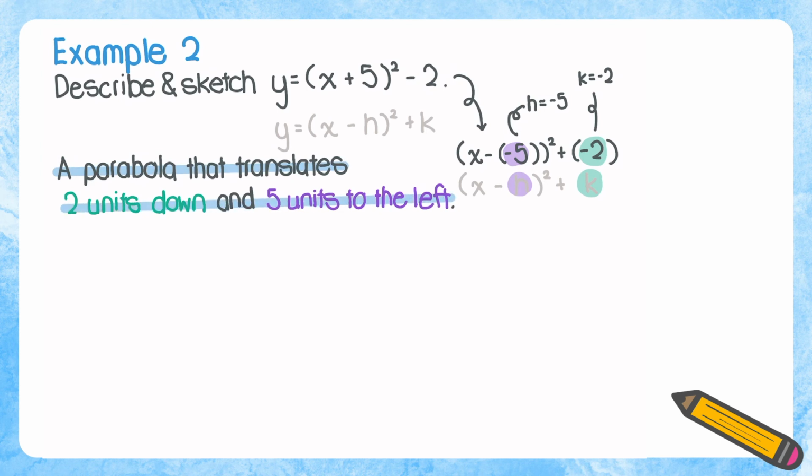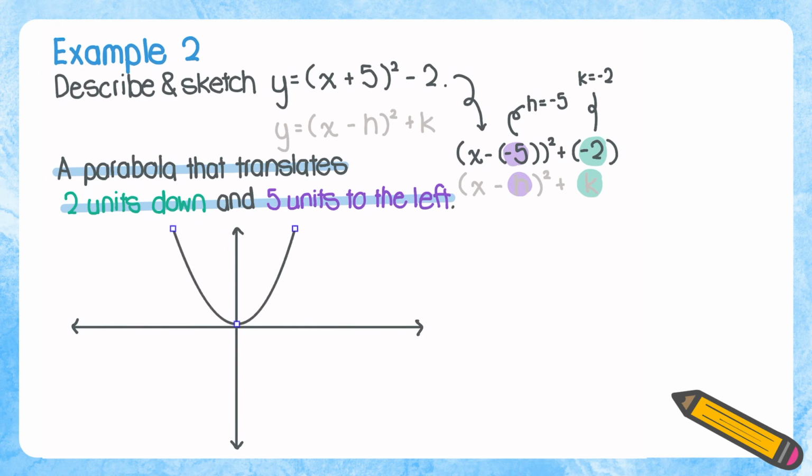So what would this sketch look like here? Remember to draw your axes. And then my parent function is right here. And from here, we go 2 units down, so negative 2, and 5 units to the left, negative 5. So we're moving that vertex of the original parabola down 2 units and then left 5 units.